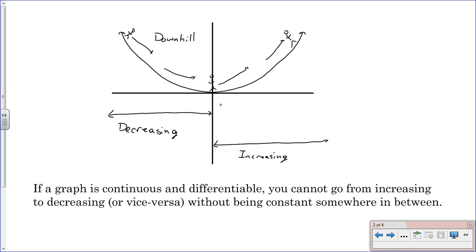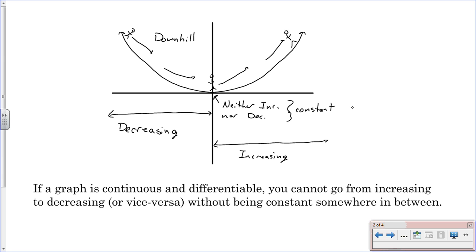But at the very bottom, at the vertex of the polynomial, this is neither increasing nor decreasing. Since this is neither increasing nor decreasing, what that means is the slope is constant.